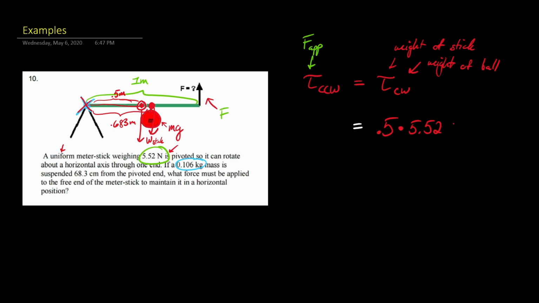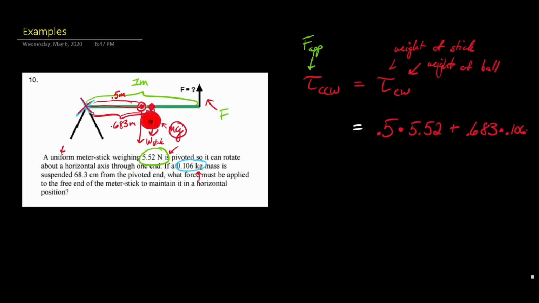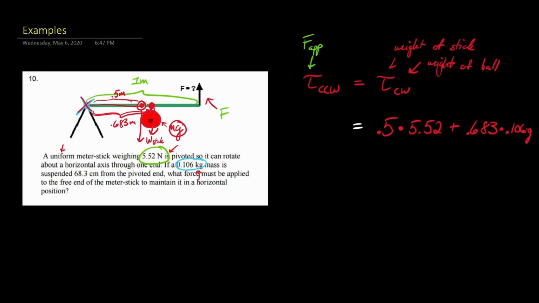And I'm going to add on the other clockwise torque, which is from this hanging ball. Its R is told to us to be 0.683 away from the rotation point. So that's its R, times the weight force, which is the mass of the ball, which is given to us right here, 0.106, times 9.8.